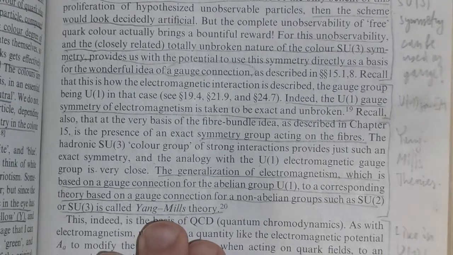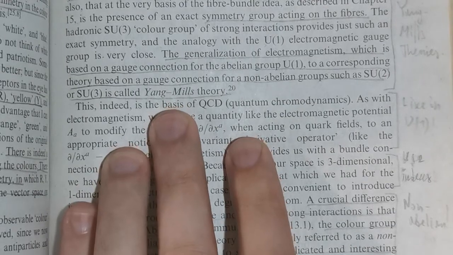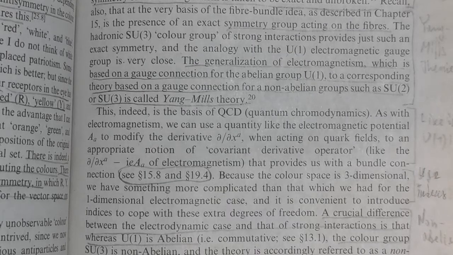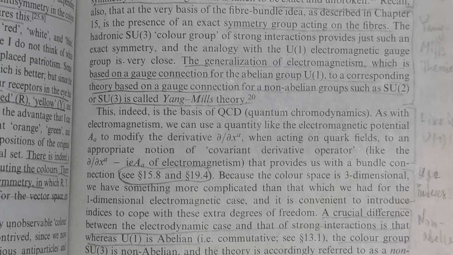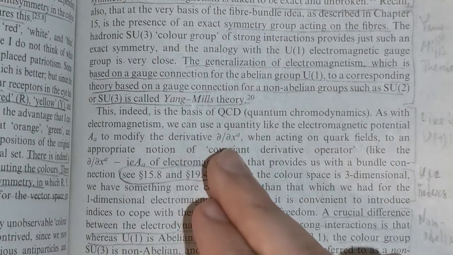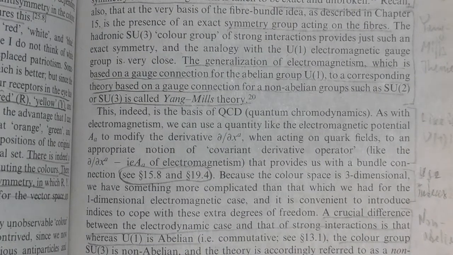Okay, and this indeed is the basis of quantum chromodynamics, and the idea of those gauge theories is to modify our notion of the derivative on our manifold, introduce an appropriate covariant derivative, fix up derivatives with some kind of gauge potentials, as we have done in the electromagnetic force case with that ieA, so it's the electromagnetic potential thing.